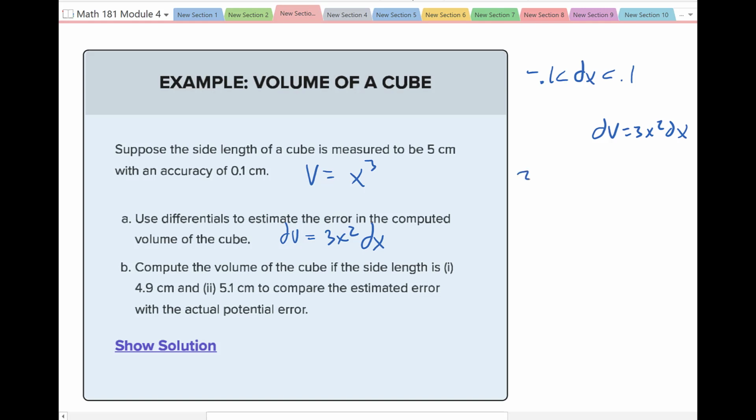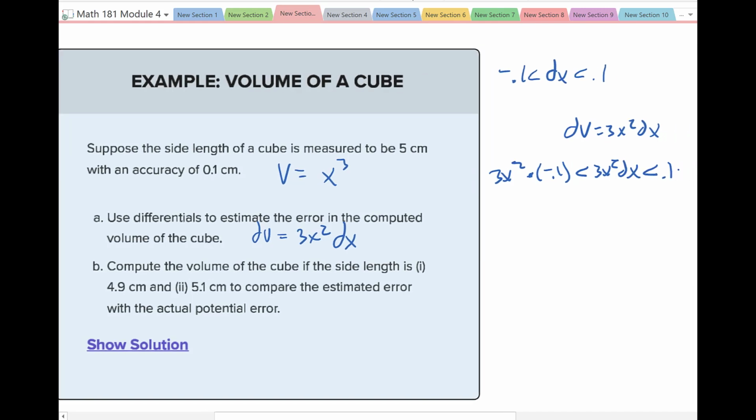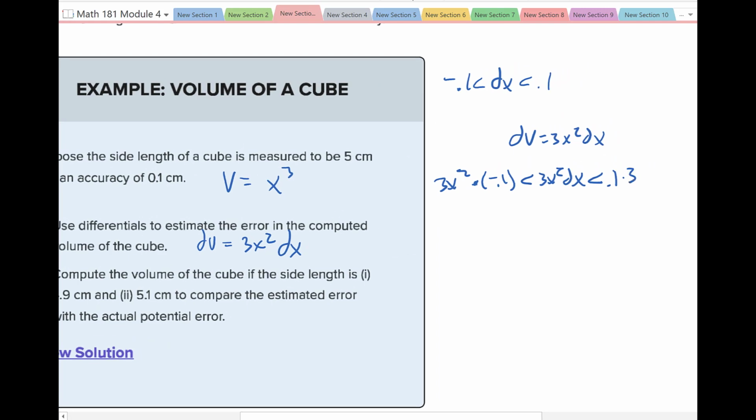So 3x squared times the negative 0.1 is less than 3x squared dx, less than 0.1 times 3x squared. This middle term becomes our dV, and we can come up with the boundaries of that.